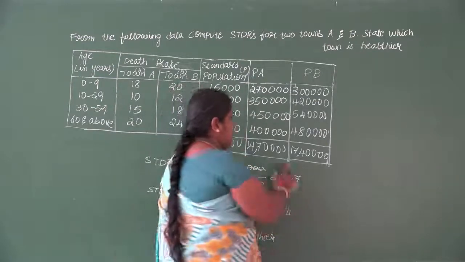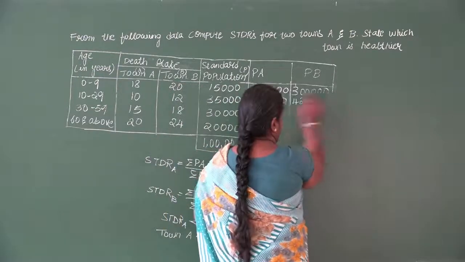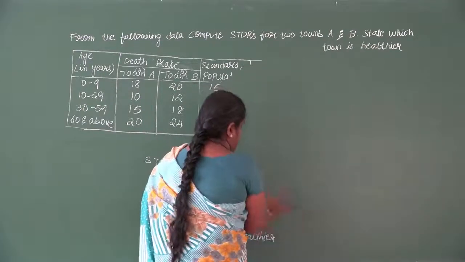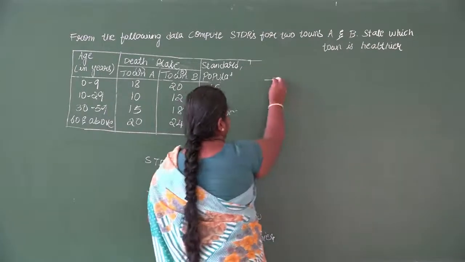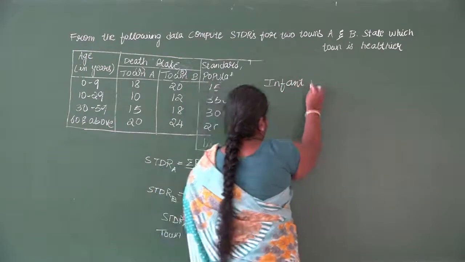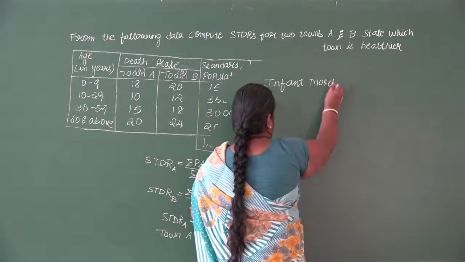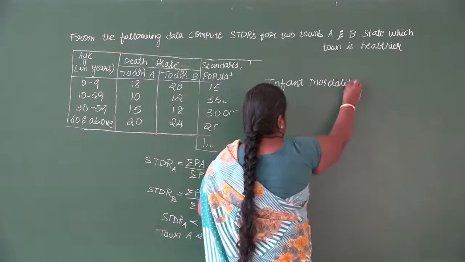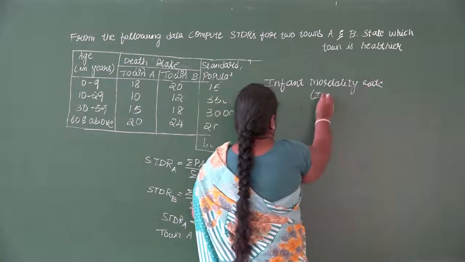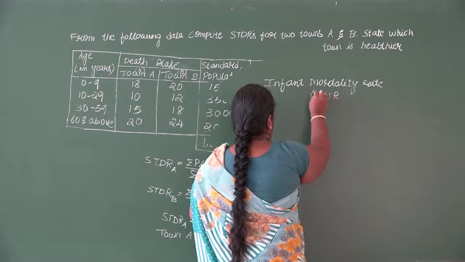Infant mortality rate is the next method of the death rate. The name itself specifies infant. We are studying the death rate among the infants. In terms of symbols we'll write it as IMR.